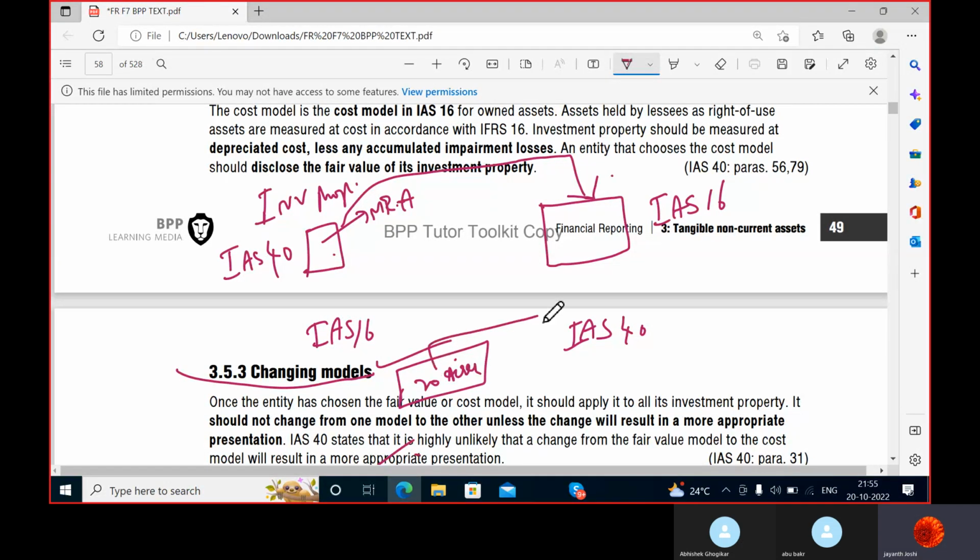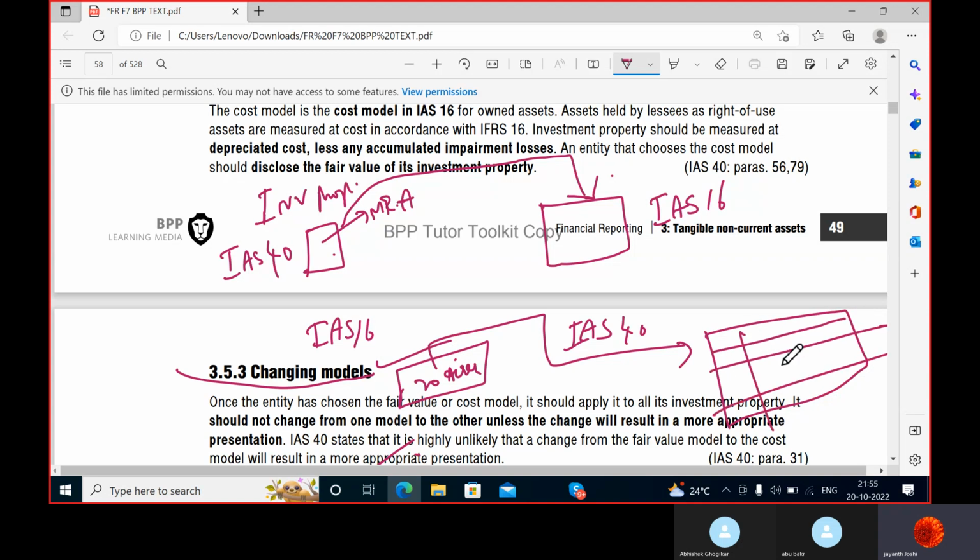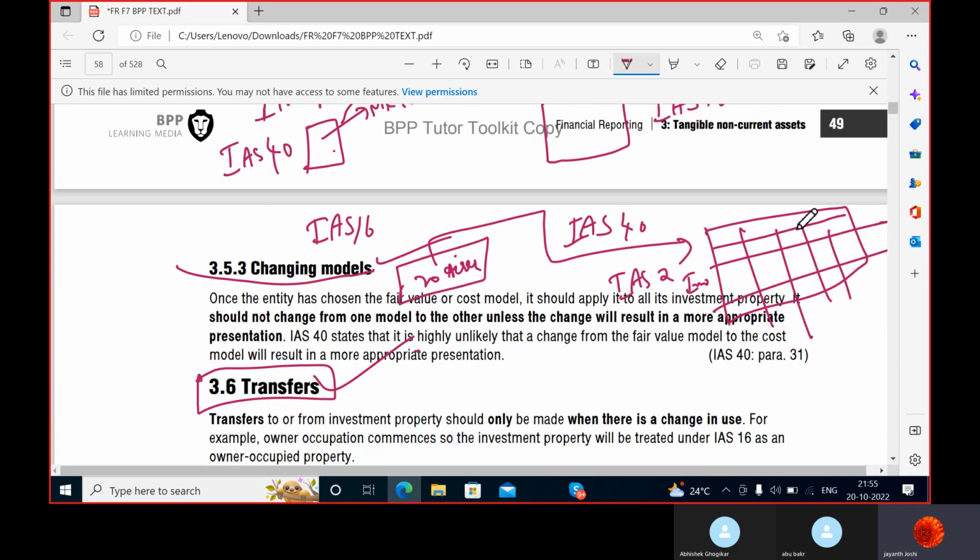Instead of holding it, you want to do plotting on it and sell the plots to people. Then IAS 2 comes into the picture, inventory, because it becomes your inventory. Or vice versa, if you are doing real estate and the properties are not getting sold, then you want to hold it for a long period of time. Then again from IAS 2 it becomes IAS 40. So that is the condition.